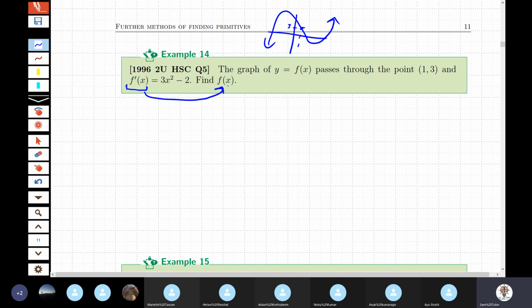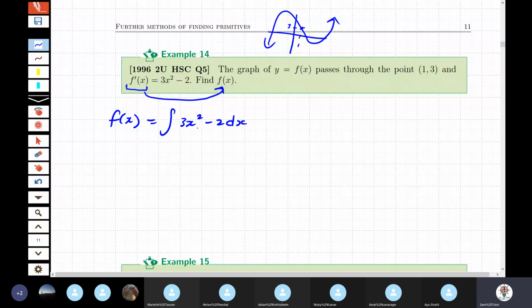What's the topic called? Integration. So how do I go from the derivative into the original again? Integrate. So to find f of x, we're going to integrate 3x squared minus 2.